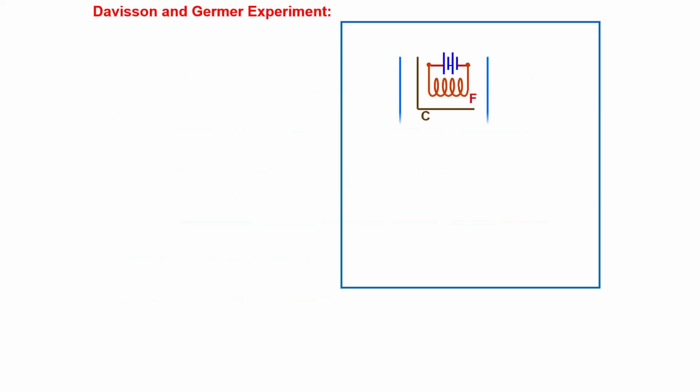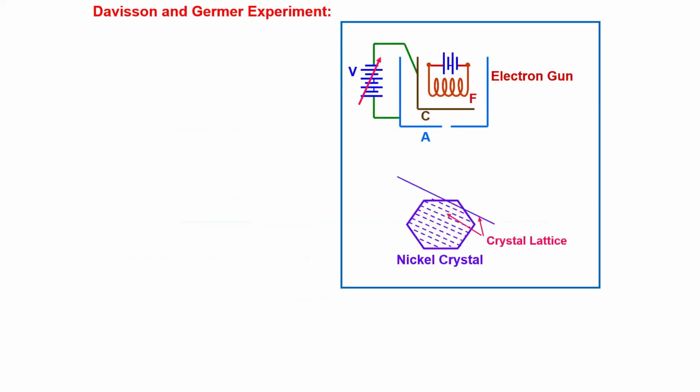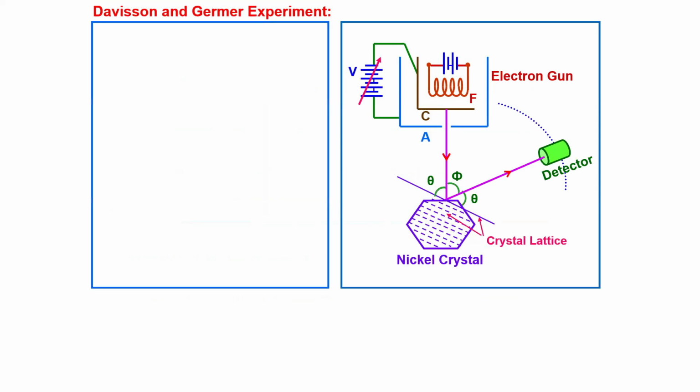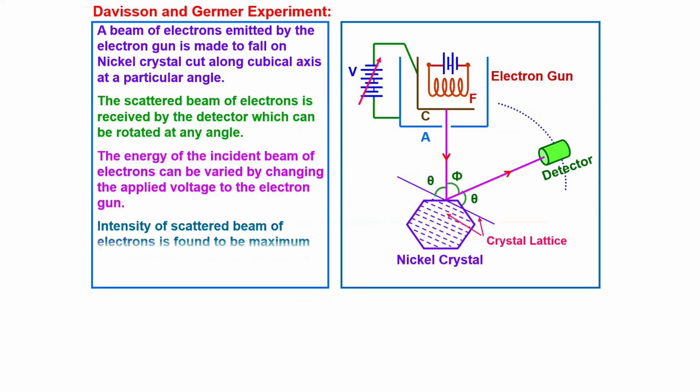Now, this is the experiment which is used to prove the dual nature of matter, which is nothing but the Davisson and Germer experiment. Here a beam of electrons is emitted by the electron gun.